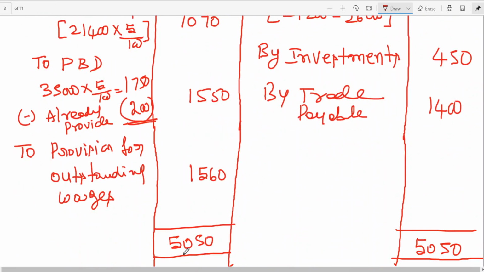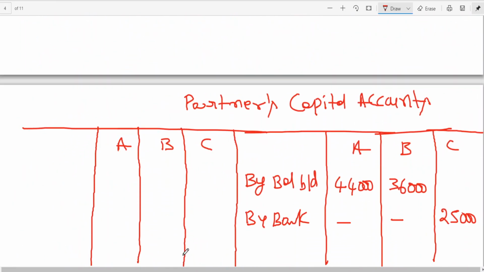So here in the capital account, what am I doing? Here I am writing "to admitted C", so to A and B, where in C it is coming to 7,500.